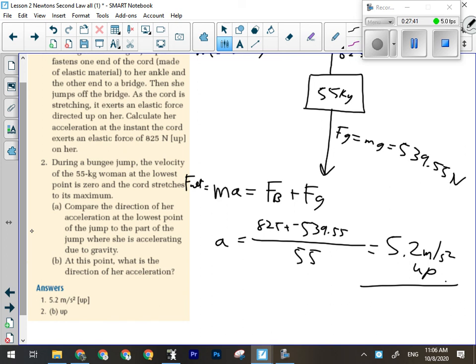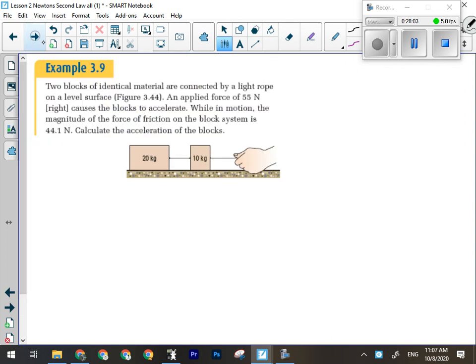So as soon as that cord takes up and starts to stretch, she's now accelerating upwards. She's still moving downwards, but she's accelerating upwards. And she'll continue to do that until gravity begins to pull her back down. That's why you oscillate up and down a little bit after a bungee jump. That's all we need with that.